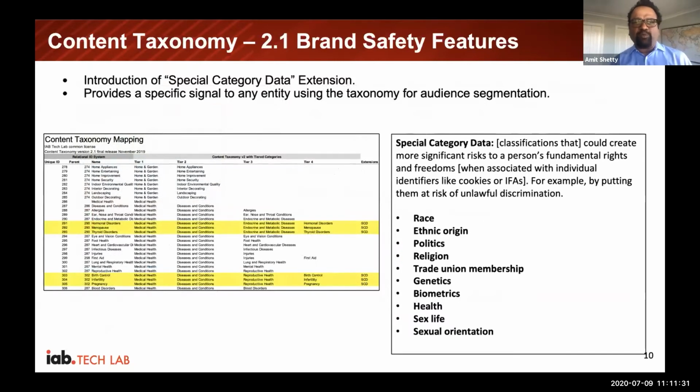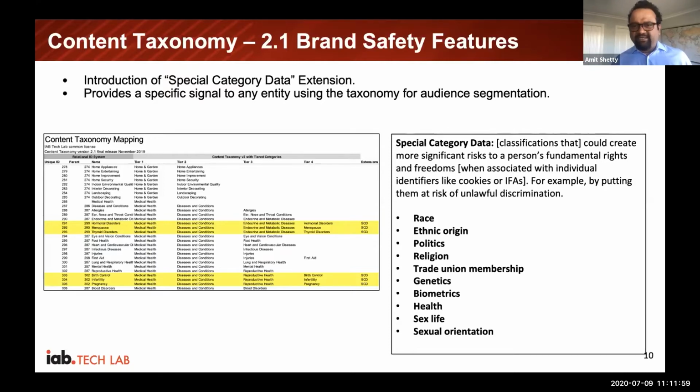With 2.1, which was released, I think, last week, we added an additional layer of context within the taxonomy. We introduced the concept of special category data, which was driven by concerns around privacy issues, especially in categories that could be considered sensitive, right?